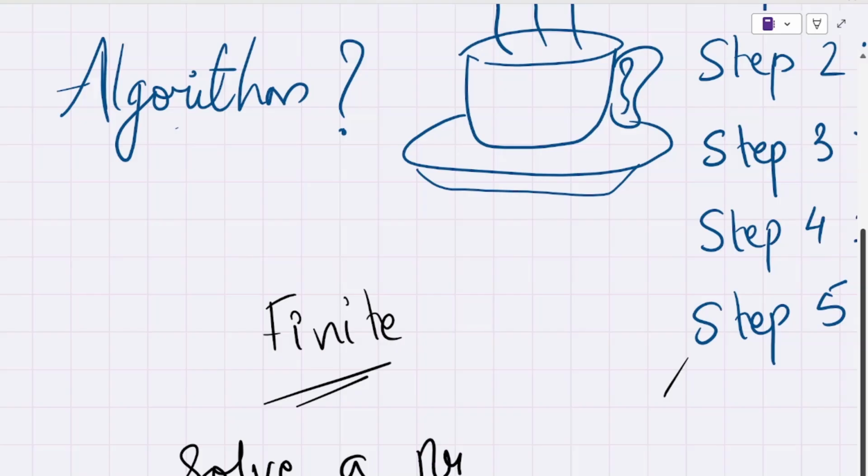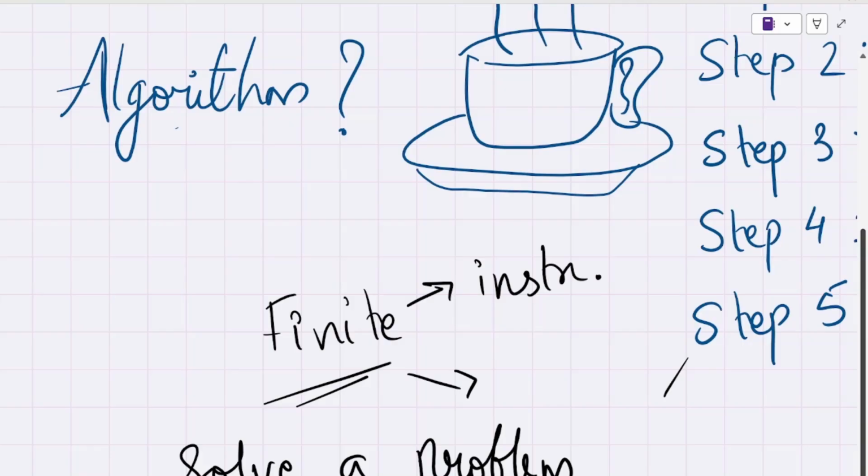In order to solve a problem, we are using algorithm, and that problem will be solved within two things. There will be a finite set of instructions, and the problem will be solved within a finite amount of time. They both are finite. So these are the two things you need to remember: finite sequence of instructions and finite amount of time. And we use algorithm before we implement a system.